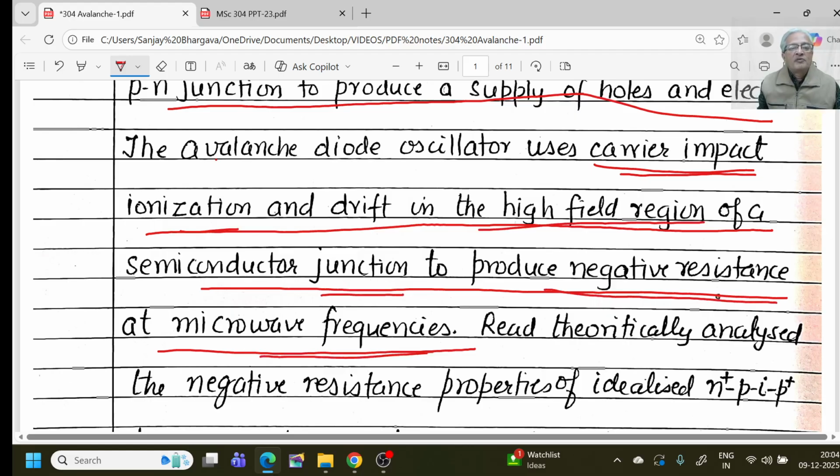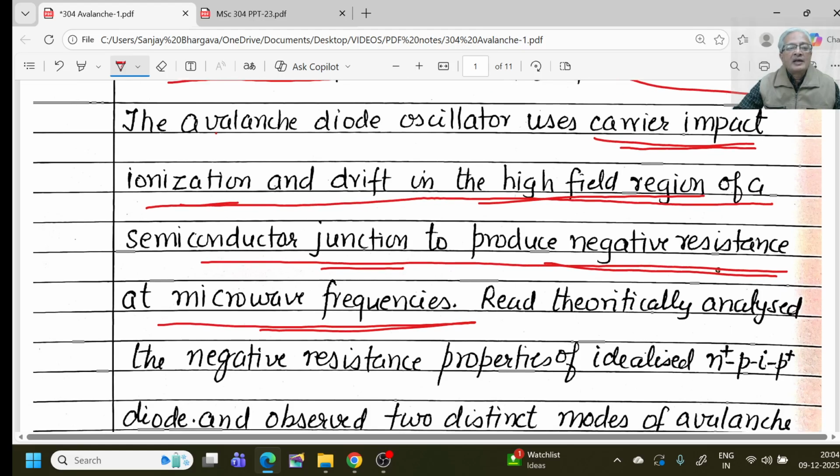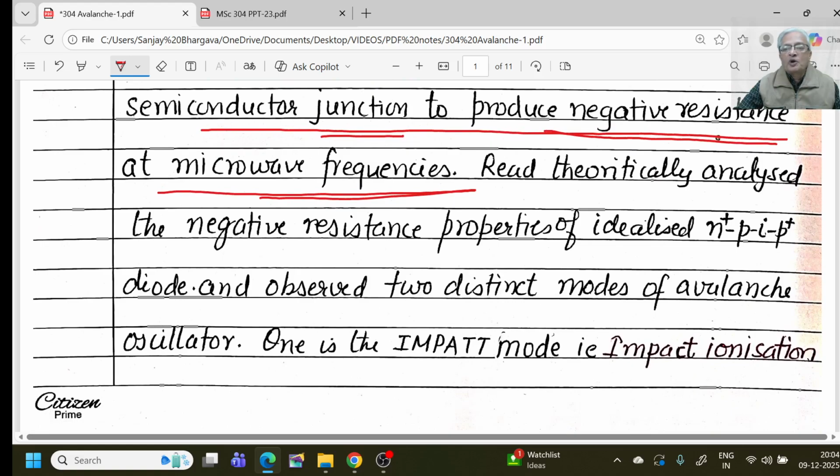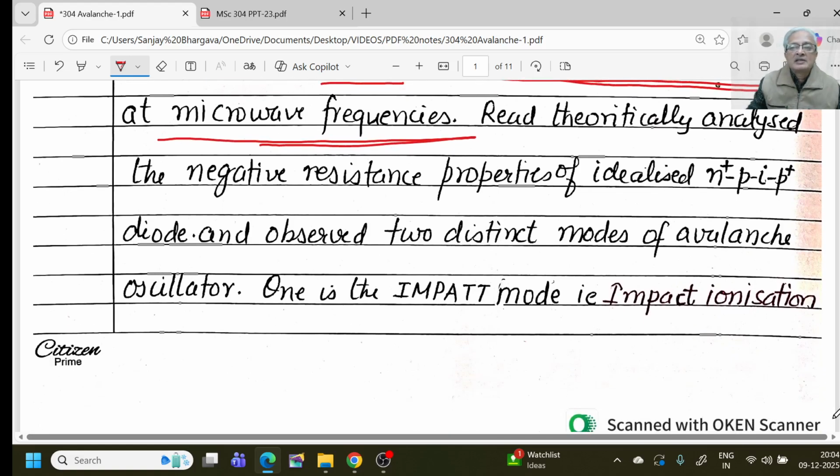Read theoretically analyzed the negative resistance properties of the idealized N plus P I P plus diode and observed 2 distinct modes of avalanche oscillator.